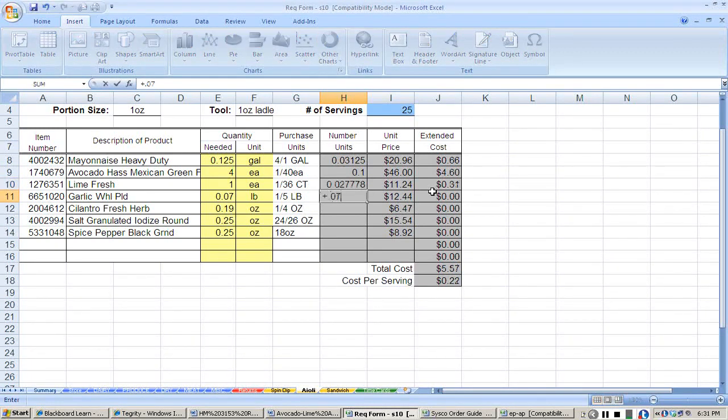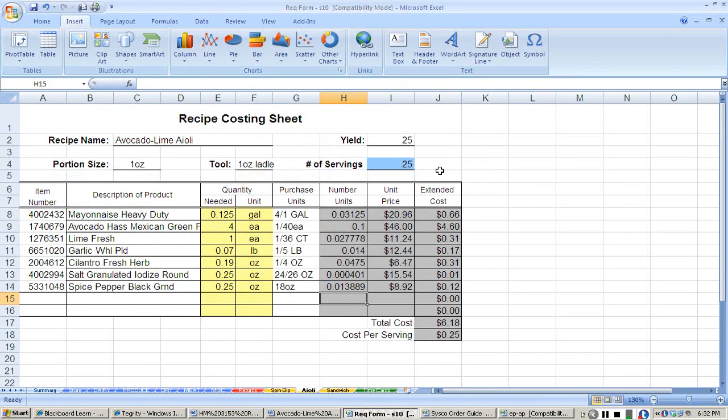Plus 0.07 divided by 5. Plus 0.19 divided by 4. Plus 0.25 divided by 24 times 26. And plus 0.25 divided by 18. Boom. So we've got about 25 cents in each serving of the aioli.